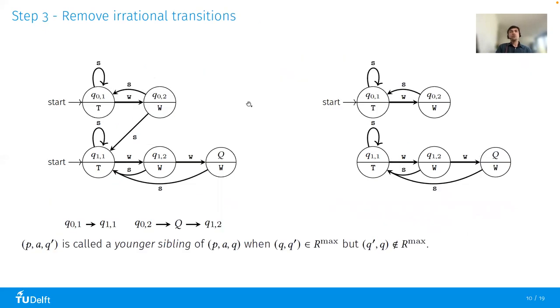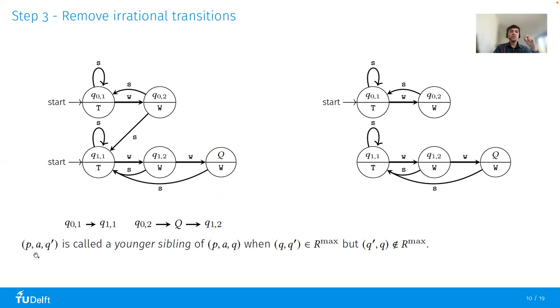Step 3, we remove irrational transitions. Now, looking from the environment perspective, we call P A Q prime a younger sibling of P A Q when Q Q prime is in the relation, but Q prime Q is not. What does it mean? It means that if the controller picks A, it's never good for the environment to choose this transition as opposed to this, because Q is better for the environment to counter control than Q prime.